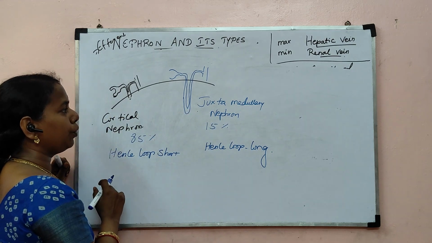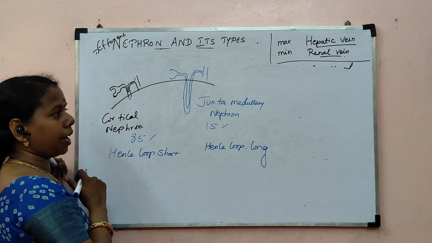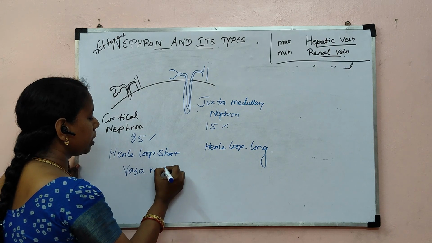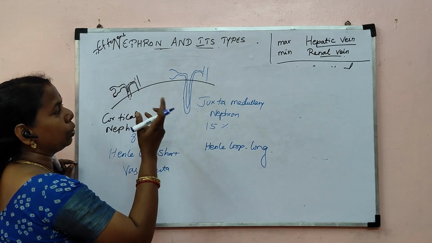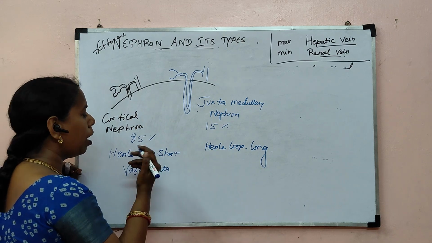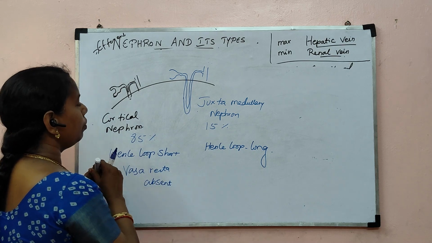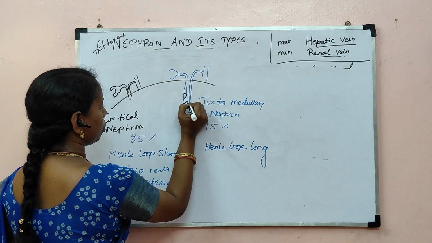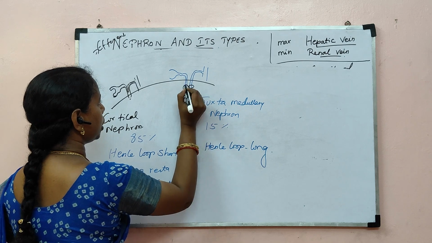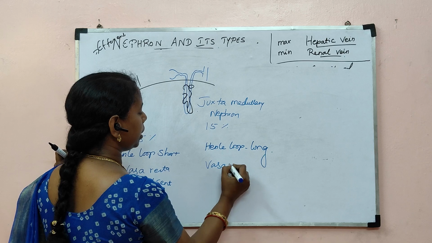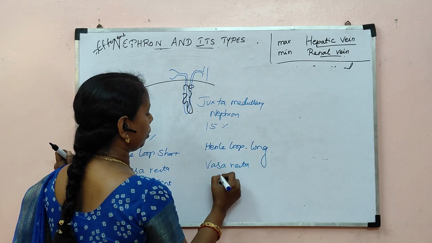Now the third point, one more change we can find: vasa recta. Vasa recta is a capillary which loops around the Henle's loop. It is absent in cortical nephron, whereas we can find the vasa recta well present in juxtamedullary nephron.